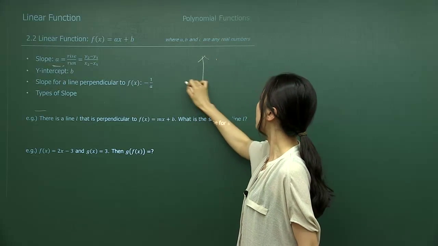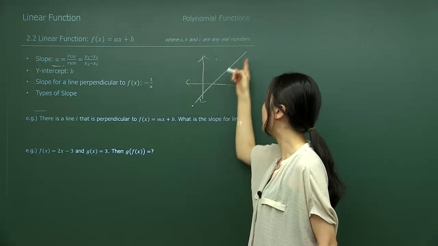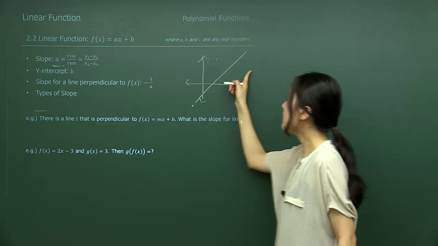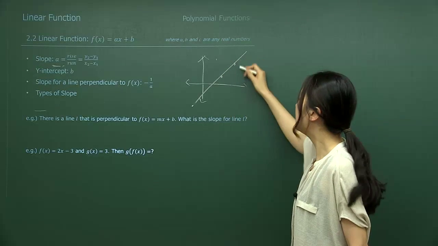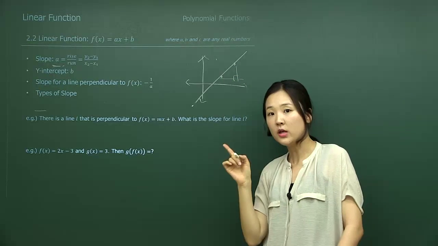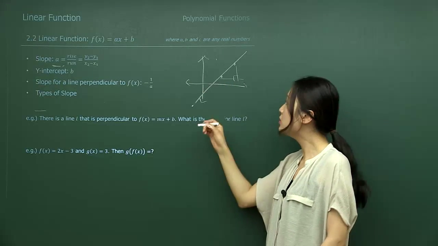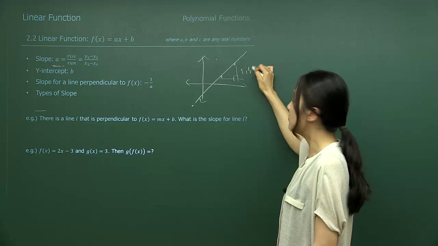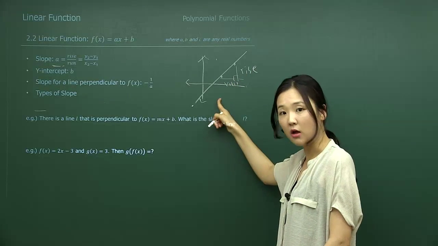Now, imagine having a straight line. Well, linear functions always give you a straight line. If you choose any 2 points, and if you measure the rise and the run between the 2 points, that will give you the slope. You will just have to simply get your rise and get your run and divide the rise by the run.